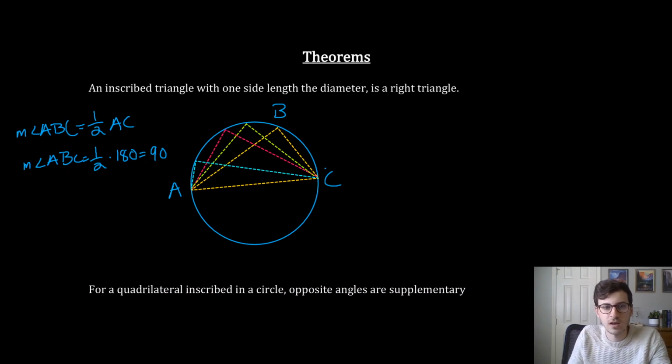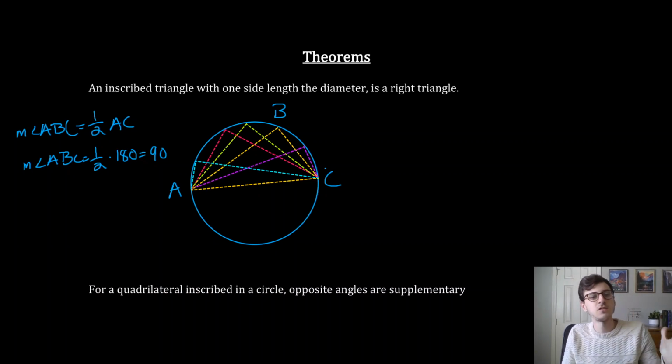No matter what, all of these are right triangles, no matter where you draw it, because the intercepted arc is always 180. So, I don't know, that's kind of cool. And it looks nice too, right? That's the most important part.